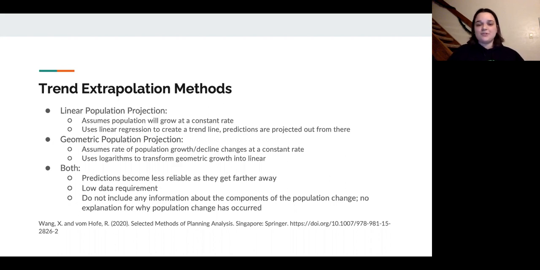So the geometric population projection is going to be less conservative than that linear population projection. However, they both have a really low data requirement and produce super readable, accessible results. And so that's why they're used a lot.